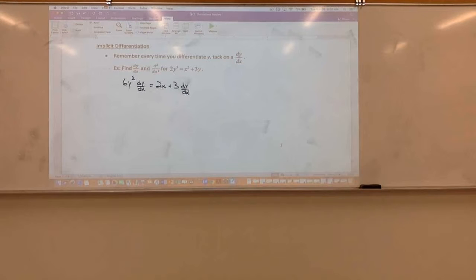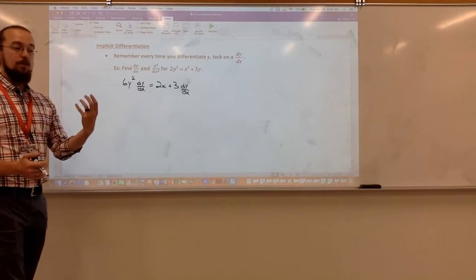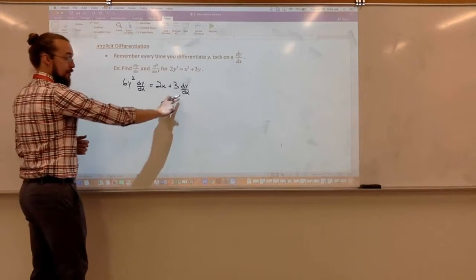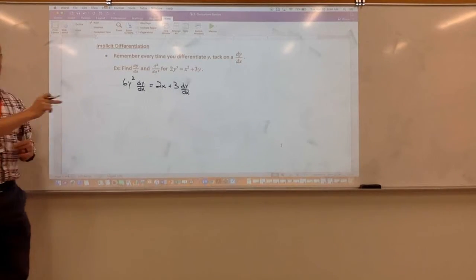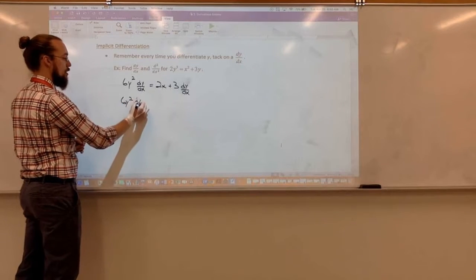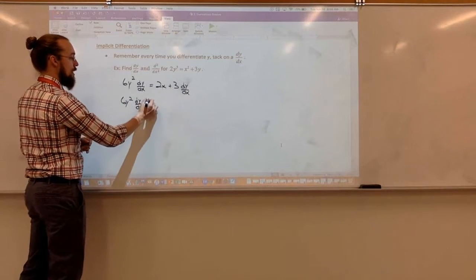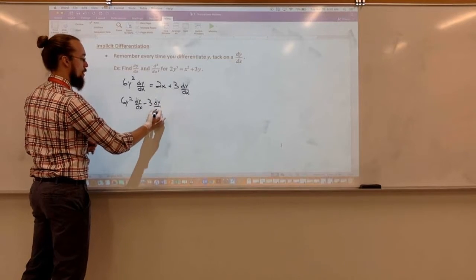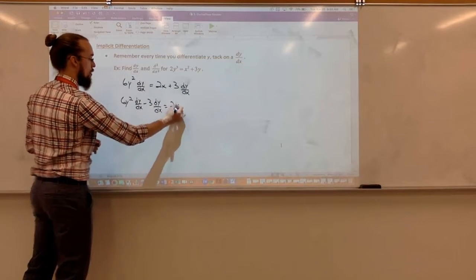The next step is to get all the dy/dx's on one side and everything else on the other. So I can subtract this 3 dy/dx over. Now this is 6y squared dy/dx minus 3 dy/dx equals 2x.